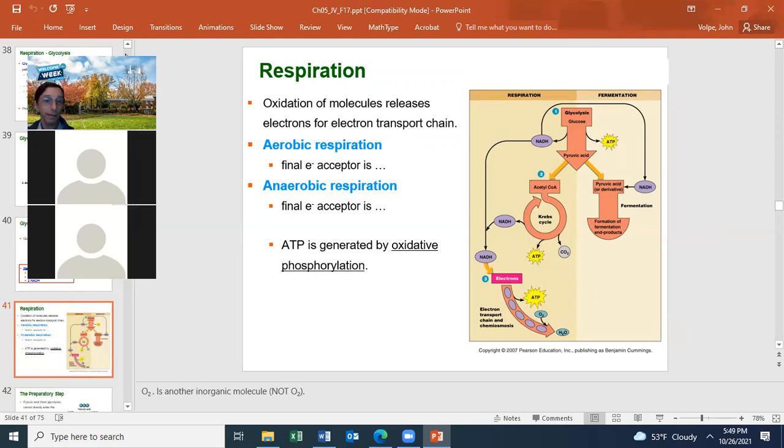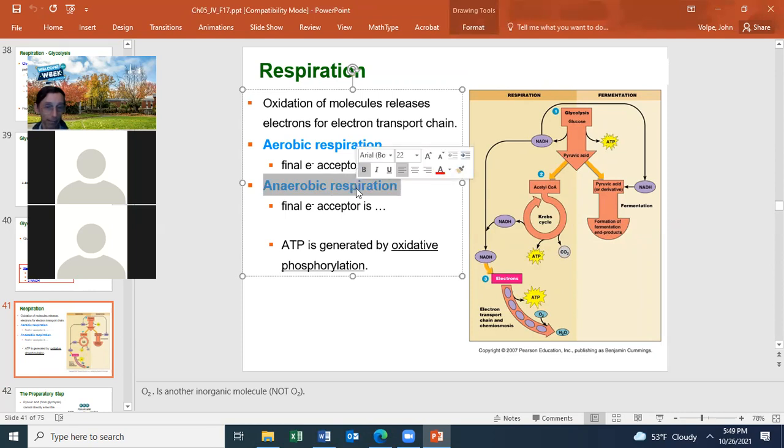So respiration is the oxidation of molecules to release the energy and the electrons. In aerobic respiration, the final electron acceptor, what accepts that electron coming from glucose, is oxygen. In anaerobic respiration, the final electron acceptor is not oxygen. It's a molecule other than oxygen, and it depends on what form of respiration it is to determine what that molecule is.